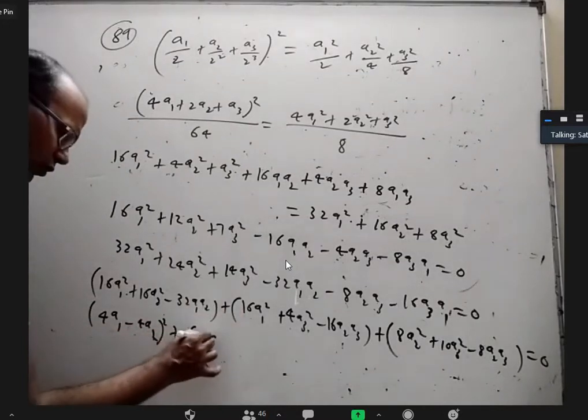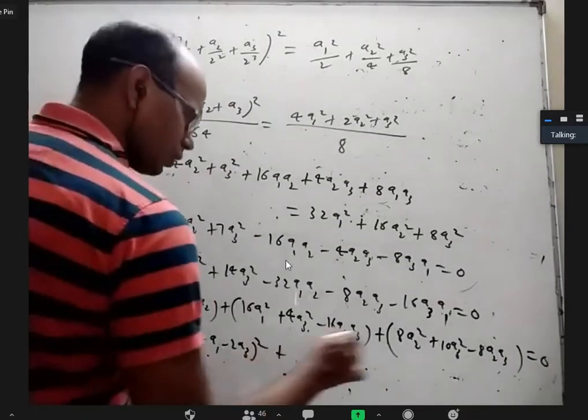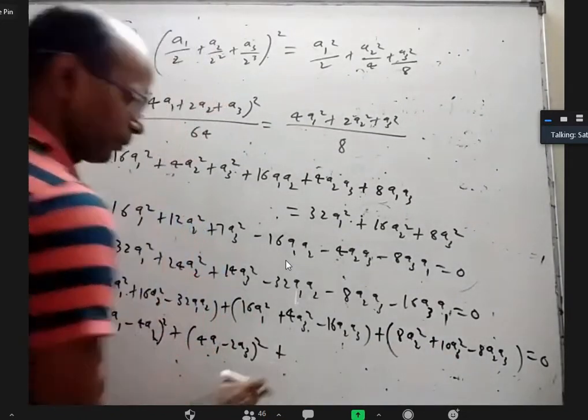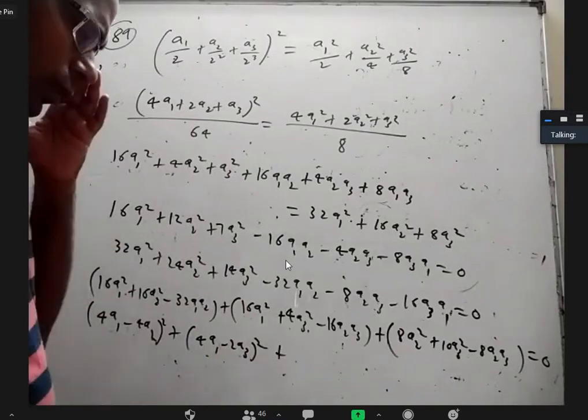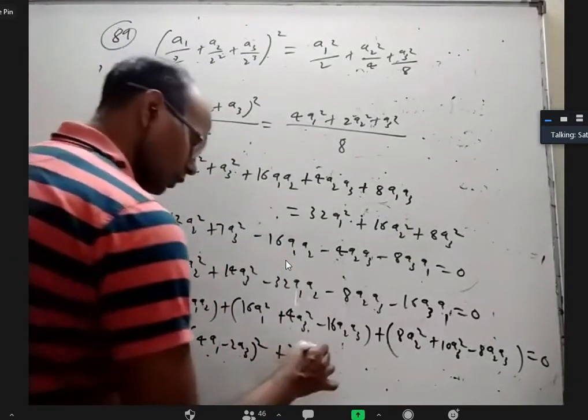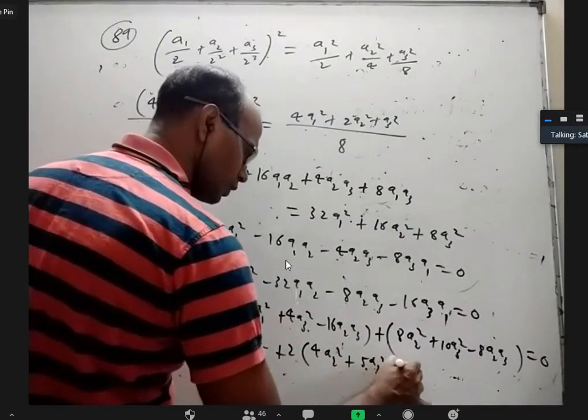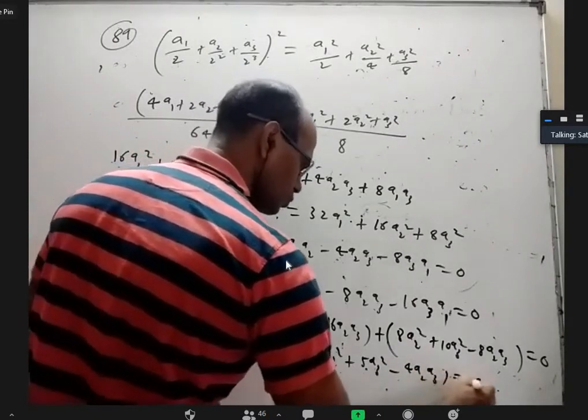This is a perfect square, (4a1 minus 2a3) whole square. Can I make some perfect square here? I can borrow one 2 out of this. I'll get 4a2 square, 5a3 square minus 4a2 a3 equal to 0.